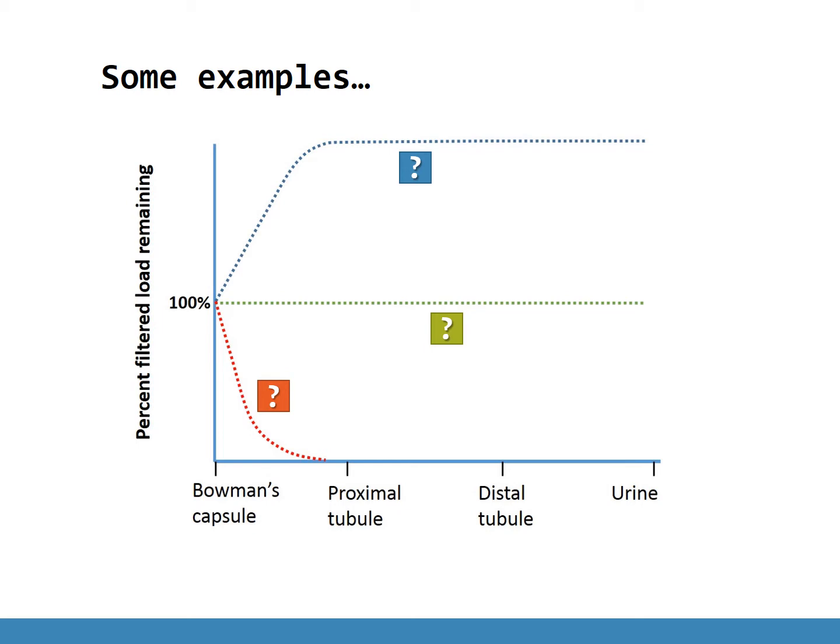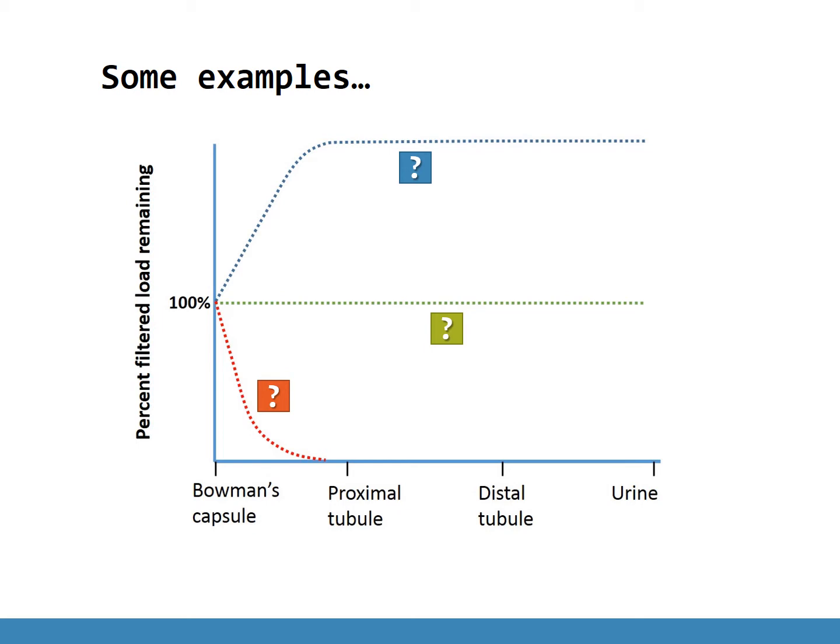Now look at the substance which is shown in the blue color curve. If you look at it, it is filtered and then it is being secreted, and at the end the amount that you have in urine is much more than the amount which was filtered. So this substance is filtered and then actively secreted. So in the urine you have much higher concentration than the concentration that was filtered at the Bowman's capsule.